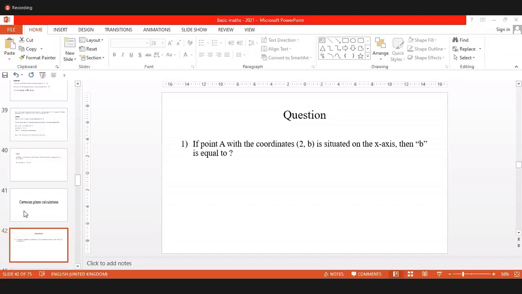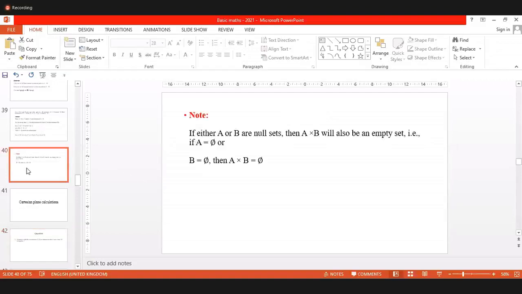Excuse me, sir. Go ahead. Yes, sir, can you explain the previous slide with an example? More examples? Yeah, sure, I can do it. Can I do it next time, please? Okay, sir.